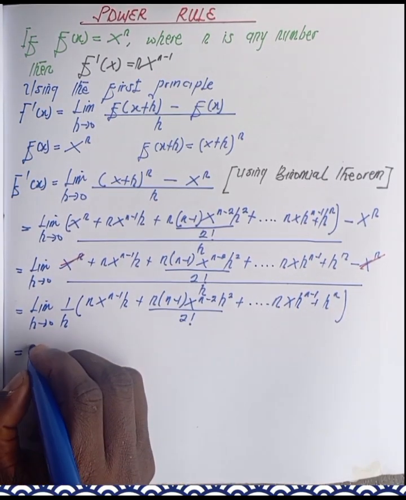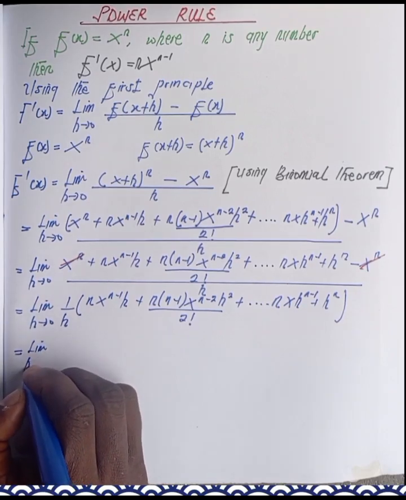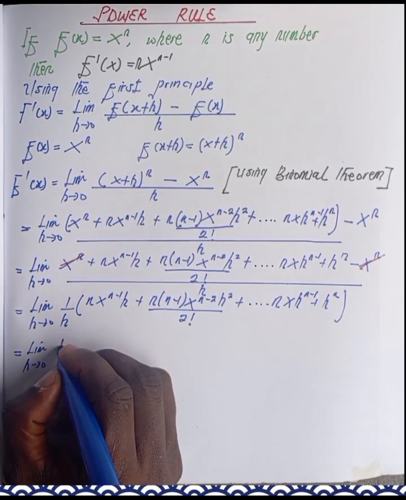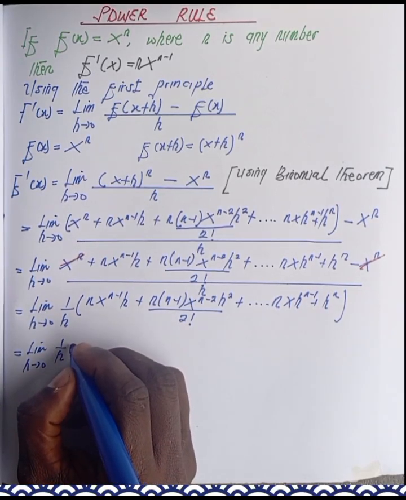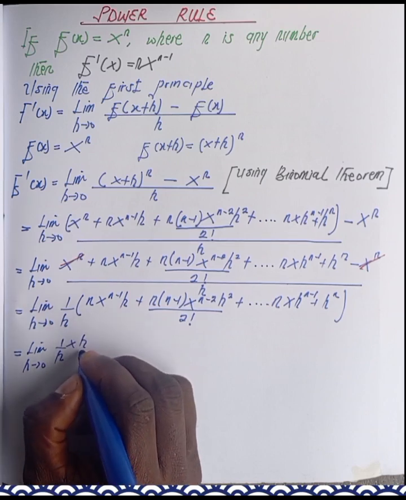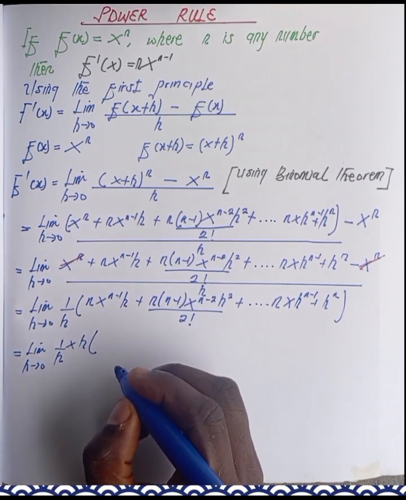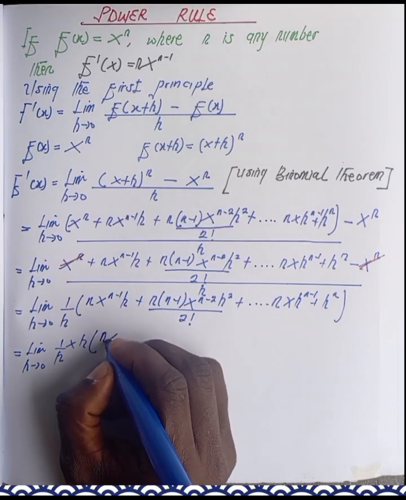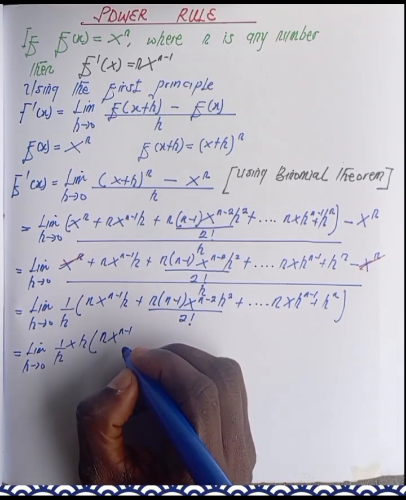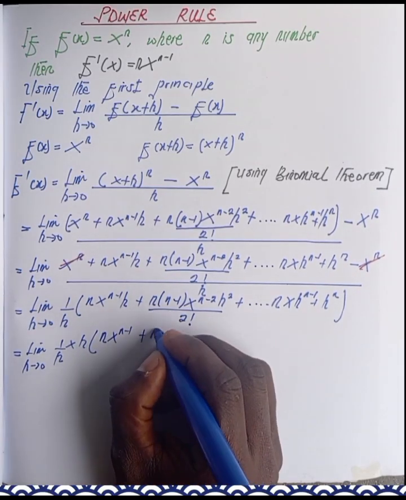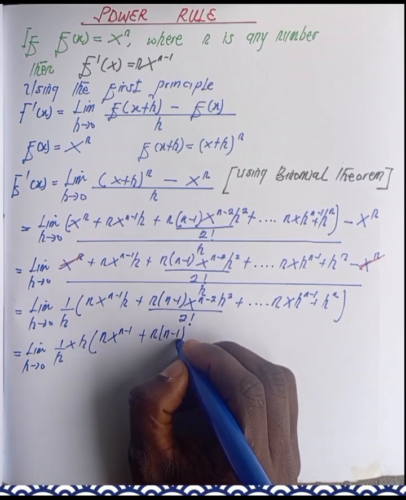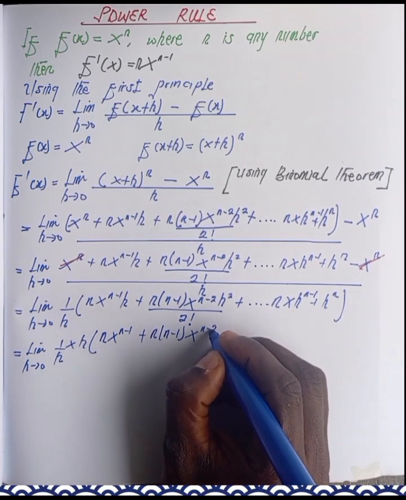So we are going to get the limit as h approaches 0 of 1 over h, and then times, we are factorizing this h out. So we are left with nx^(n-1) plus n(n-1)x^(n-2).